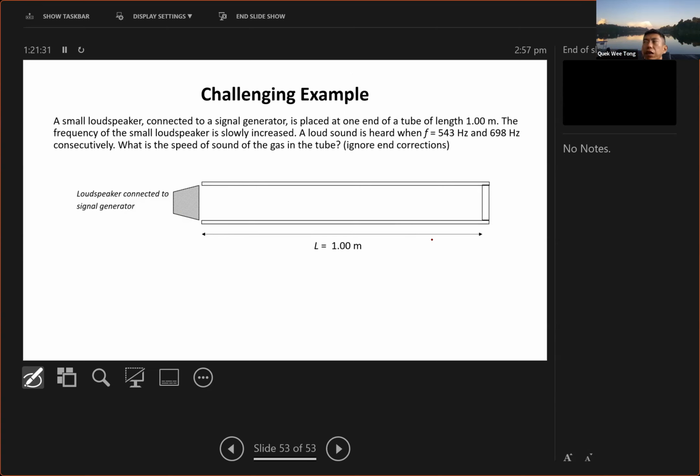Then you change the length of the air column while keeping the frequency of the source constant, thereby wavelength constant. But here we do a different manipulation. Instead of the length becoming different with the same wave, now we are changing the wave and keeping the length the same. So you can go and try and see whether you get the correct answer.